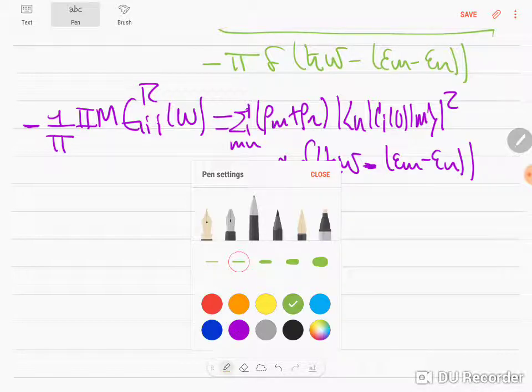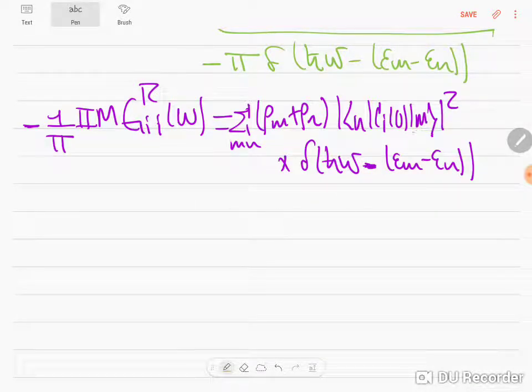And how can we see this? The following way: these states m and n are the many body states. So that means that em and en are eigenvalues of the Hamiltonian H, that is an eigen operator to the many body state M. Okay, so these are many body states. That's very important. Let me put it in words.